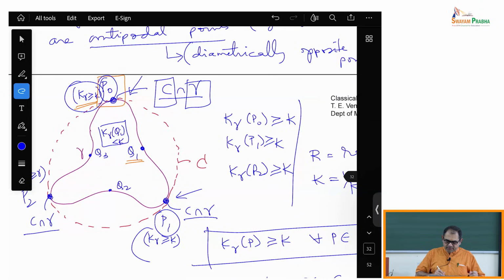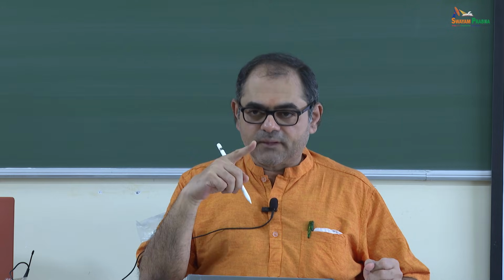So k gamma is greater than or equal to k here, and k gamma is also greater than or equal to k here, where k gamma is the signed curvature and k is the curvature of that enclosing circle. It is the reciprocal of the radius, and it's taken as positive, assuming that you are traversing the circle in the anticlockwise sense.